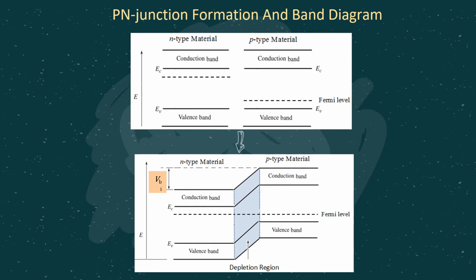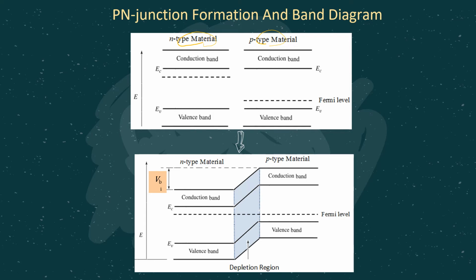Now let's have a look at the energy band diagram for the PN junction. If you recall, in the previous video I mentioned the energy band diagram for N-type and P-type semiconductors. As you can see here, the Fermi level for N-type is towards the conduction band, while the Fermi level for P-type is more towards the valence band. When we combine these two materials together, we align the Fermi level.